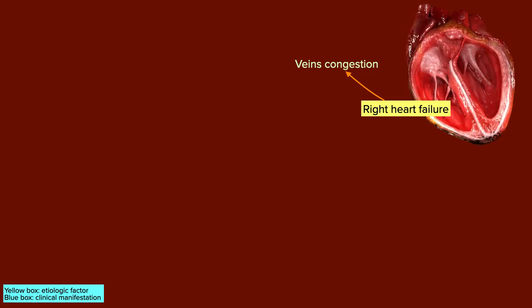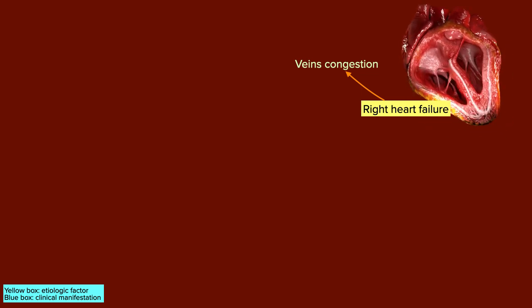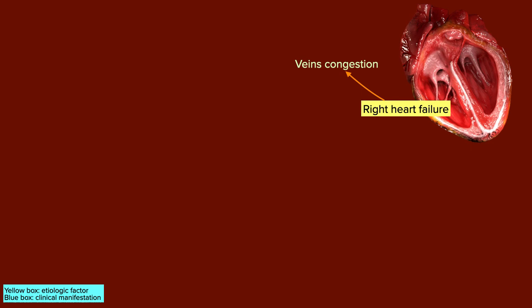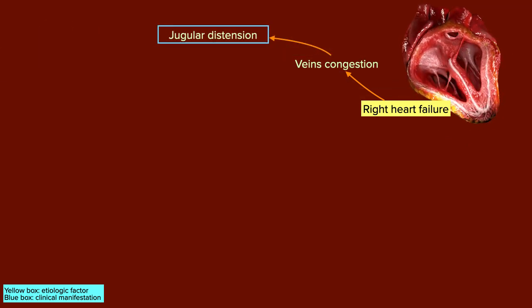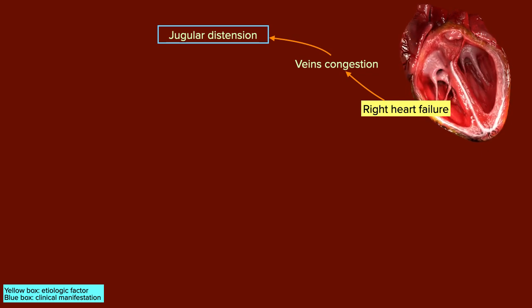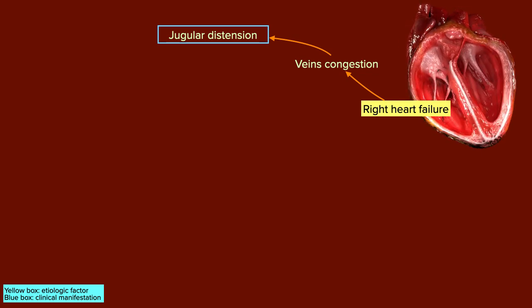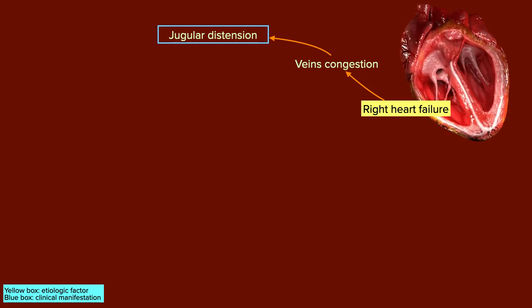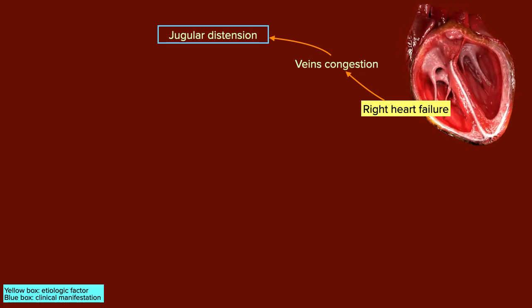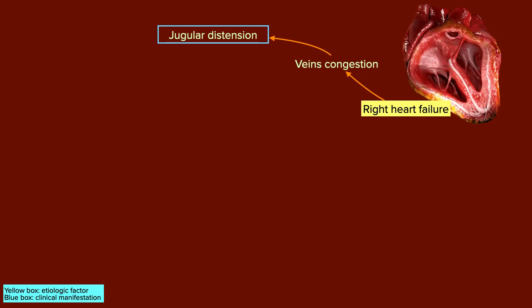So, one common manifestation of vein congestion is jugular venous distension, where the jugular vein that brings blood back to the heart takes on more blood and becomes large and distended in the neck.